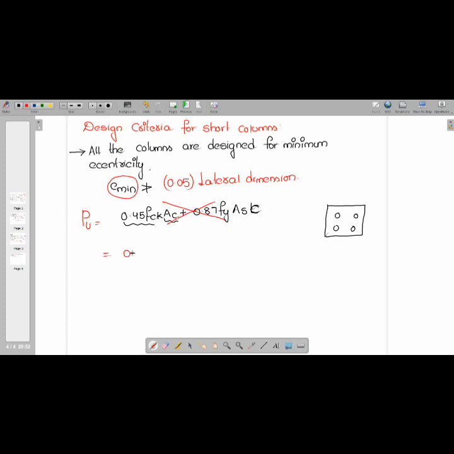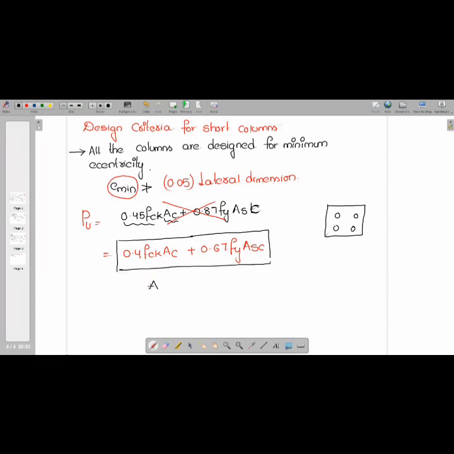In this case, the stress taken by concrete will be reduced due to eccentricity. So remember, the formula for the ultimate load is 0.4 FCK AC plus 0.67 FY ASC.